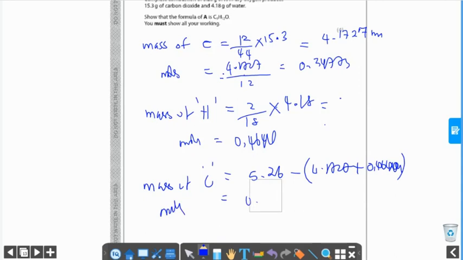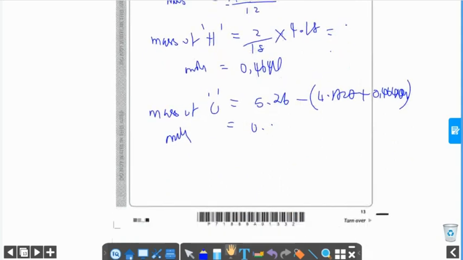Once you find the moles, you can take the molar ratio. So you get C, H, O in the ratio 9, 12, 1.